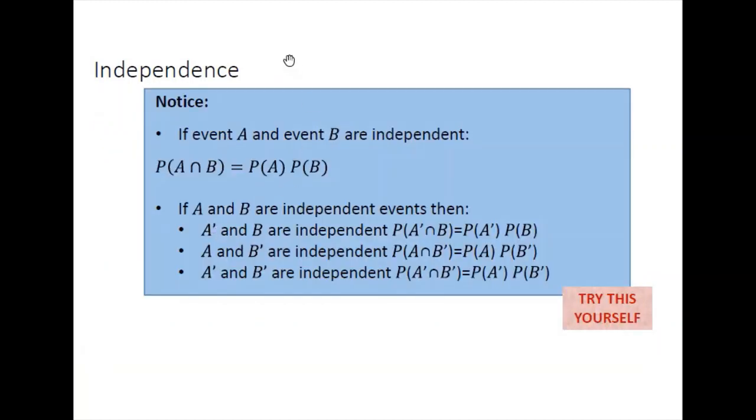Now look here. If A and B are independent, then the probability of A intersection B is the probability of A multiplied by probability of B. But if A and B are independent events, then A prime and B are independent, A and B prime are independent, and A prime and B prime are independent.